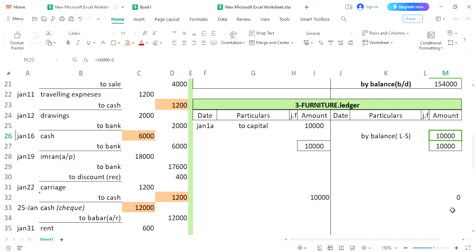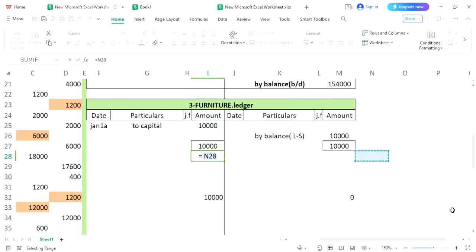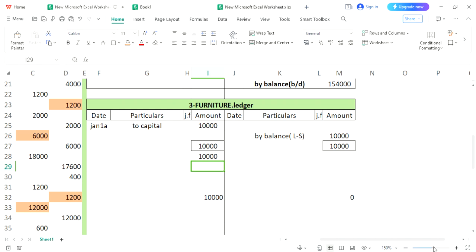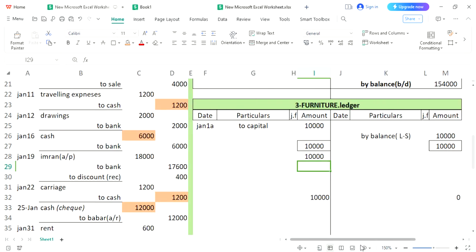Next step is what? To bring this balance to the opposite side but downwards. Here you have calculated your initial balance on the credit side. You will go to the opposite side and go downwards. After the total you will write the same balance which you have calculated over here, 10,000, post it, and the amount has been brought down.